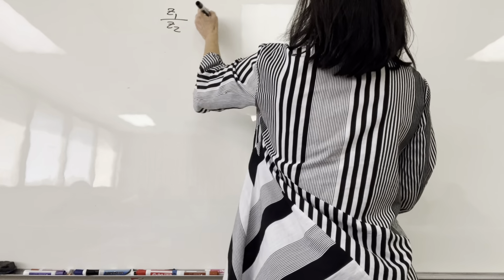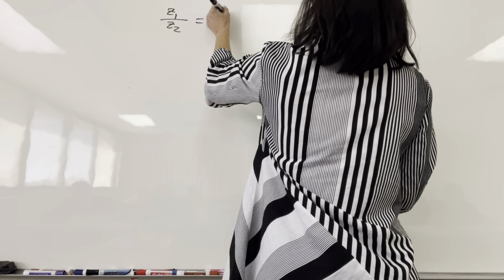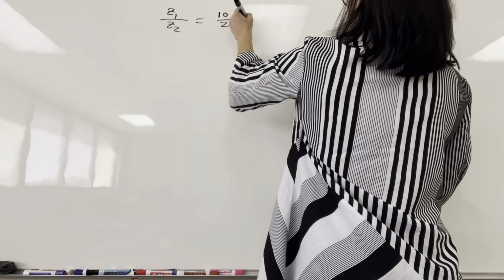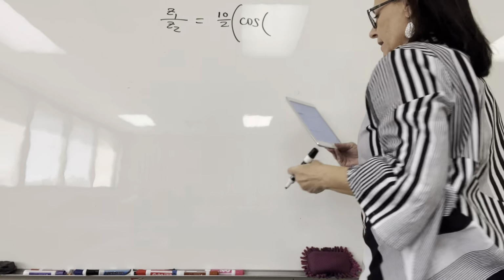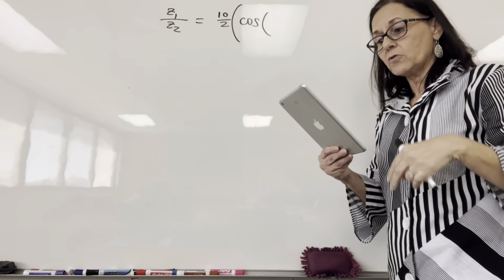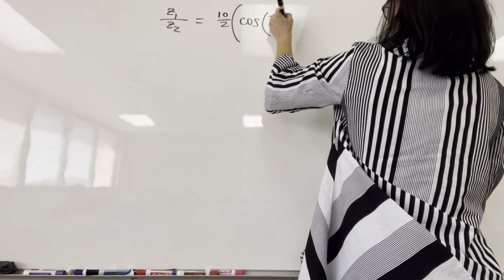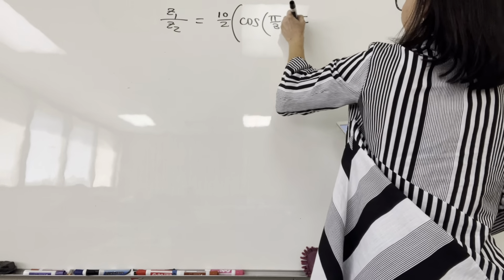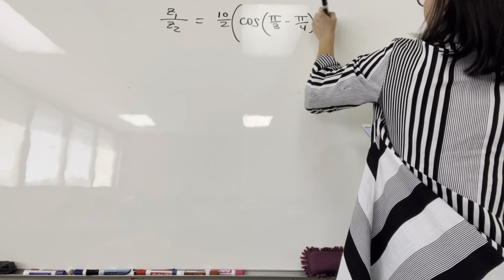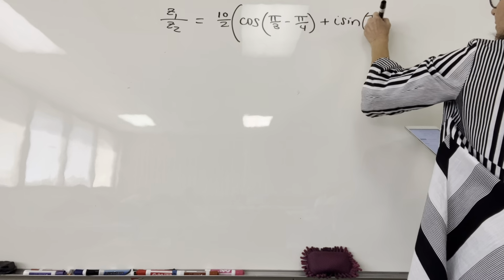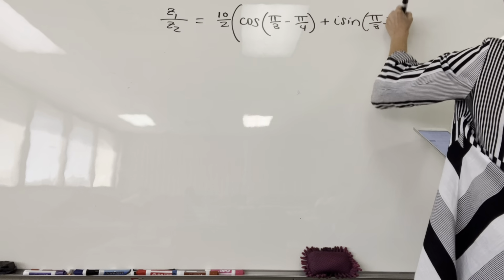So that equals 10 over 2 cosine. Now is when we are going to subtract our thetas. So it's pi over 3 minus pi over 4, plus I sine pi over 3 minus pi over 4.